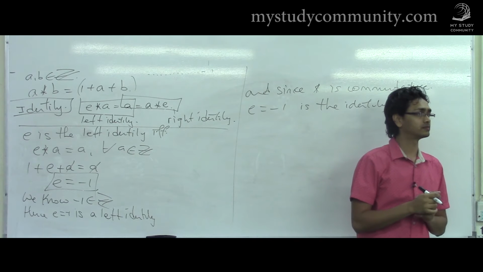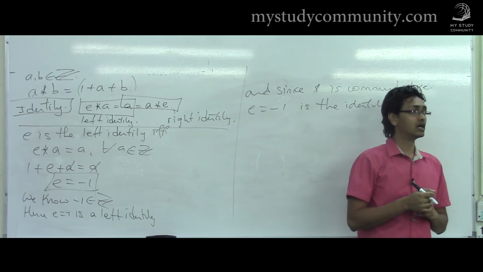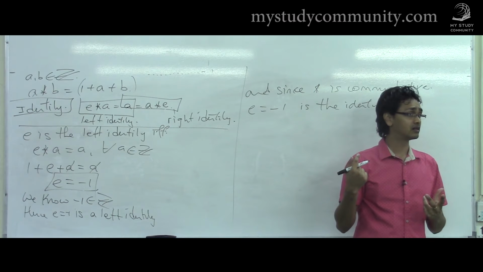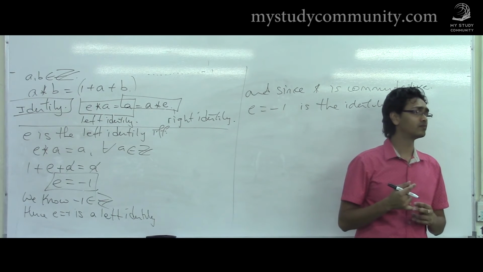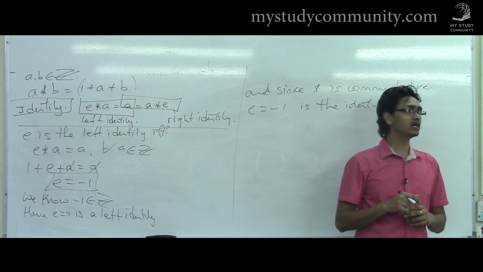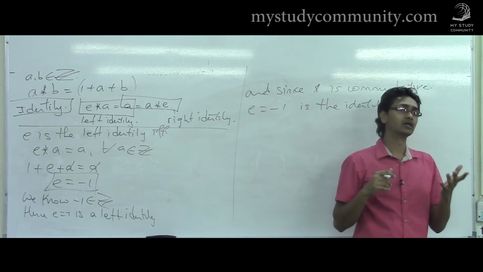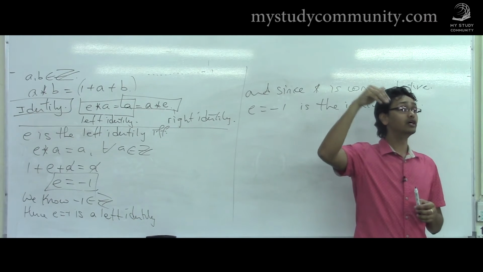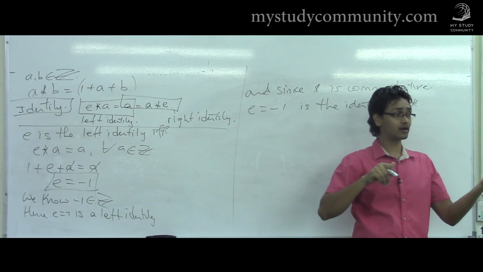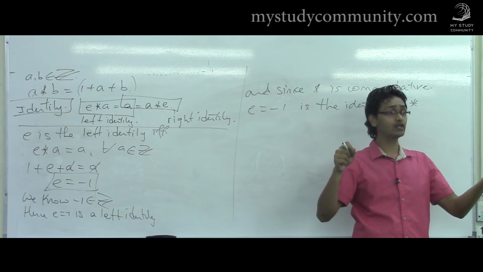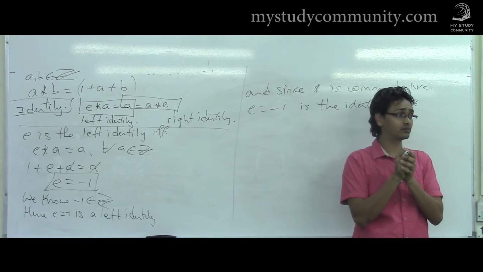Yes. If it's not commutative, then you need to work it out. What's that? Okay, so a little higher up, if you are able to solve the second half, as in if you get a left identity and a right identity, it will be the same value.